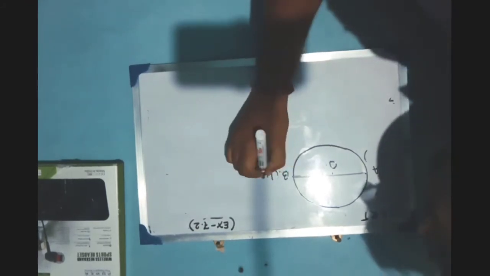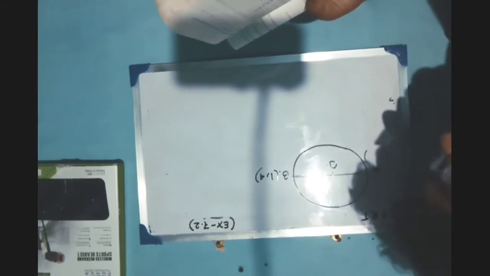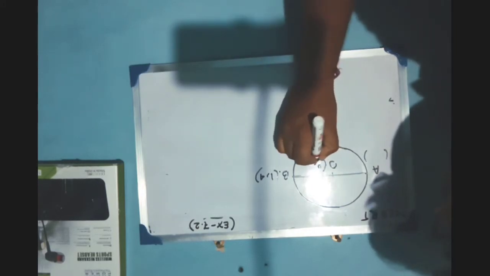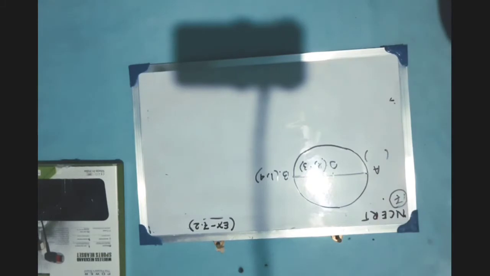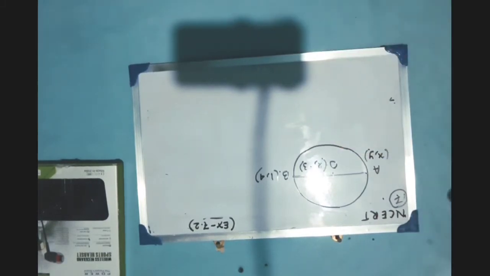The coordinate of B is given as (1, 4), and the coordinate of O, that is the center, is given as (2, minus 3). So let the coordinate of A be (x, y).